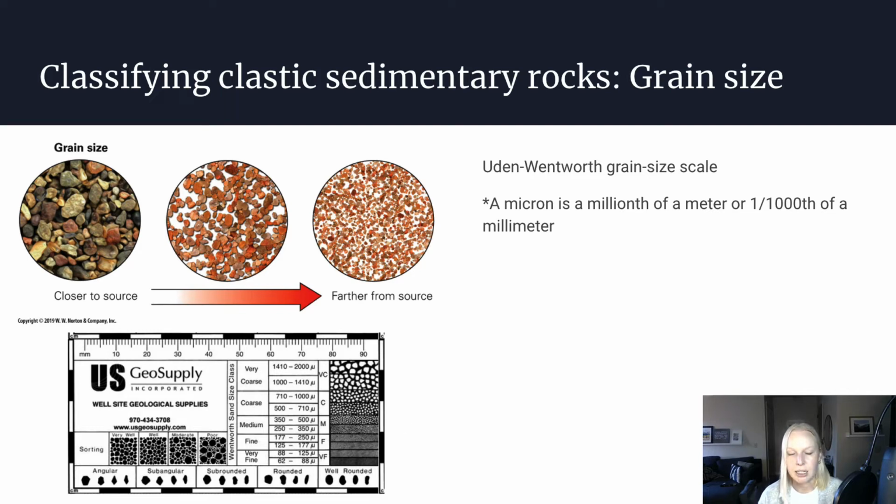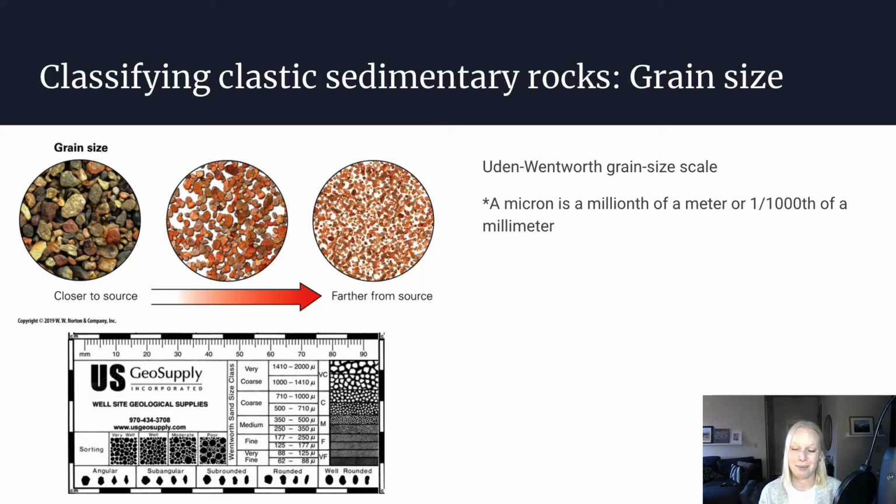Just for reference, the Udden-Wentworth grain size scale uses millimeters and microns, or micrometers. And a micron, if you aren't familiar with it, is a millionth of a meter. So maybe you can imagine what a meter looks like. A micron is a millionth of that, or 1/1000th of a millimeter.